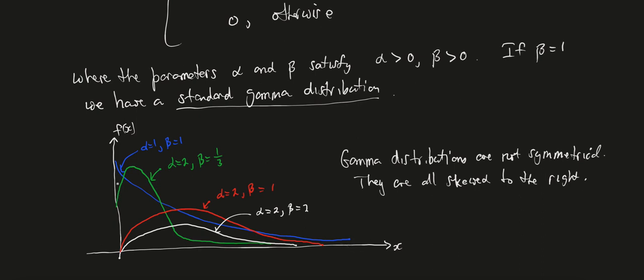So things, for instance, like the lifetime of a bulb, right? You can model it using something like this. Obviously, your lifetime is not going to be negative, so the fact that it's defined for non-negative values of x, your lifetime would be something like that. Insurance claims as well.